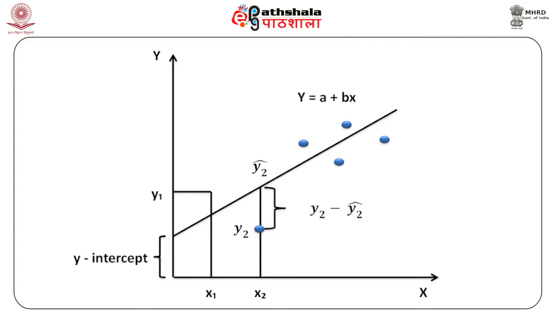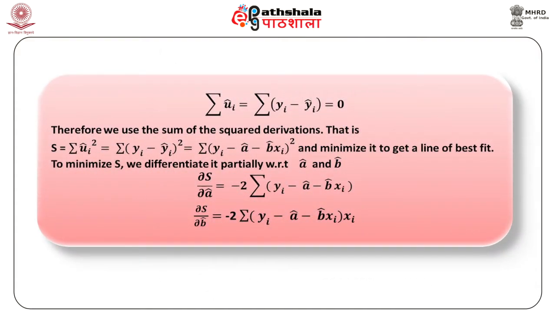To minimize the difference between actual and predicted values, we will use mean statistics. The mean minimizes the sum of squared deviations. We know that the sum of the deviations of the variable from its mean is equal to 0. That is, summation ui cap equals summation yi minus yi cap, which equals 0.